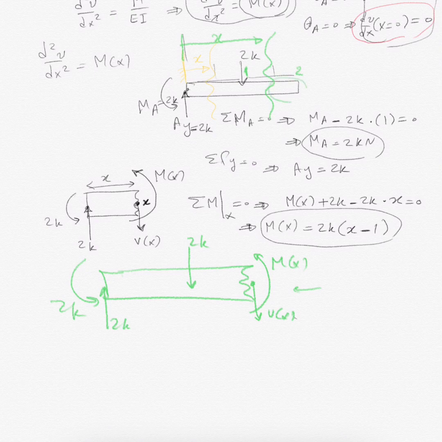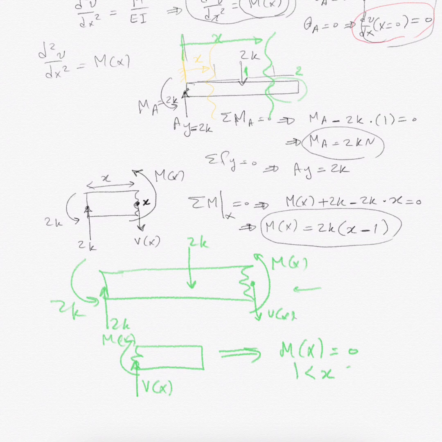Look at here. The right side, the system will look like this. So I'm going to have Mx and a Vx and nothing else. So what is the moment? Mx is equal to 0 for x between 1 and 2.